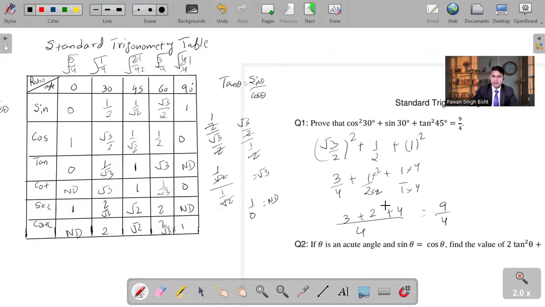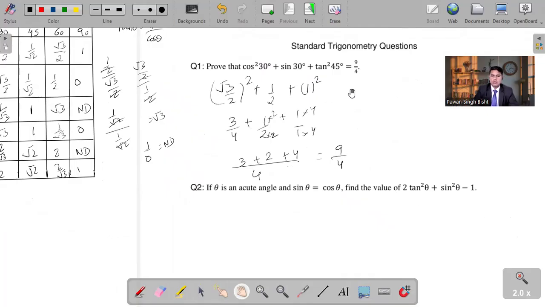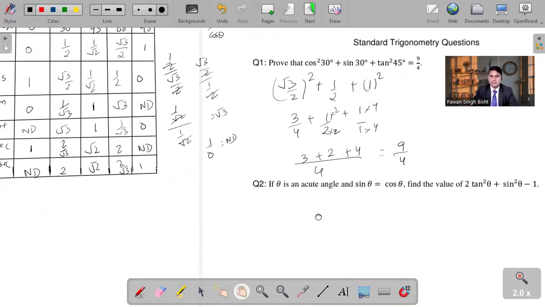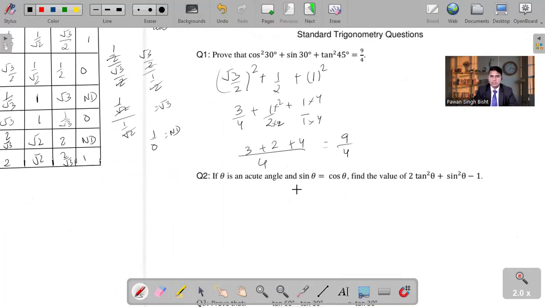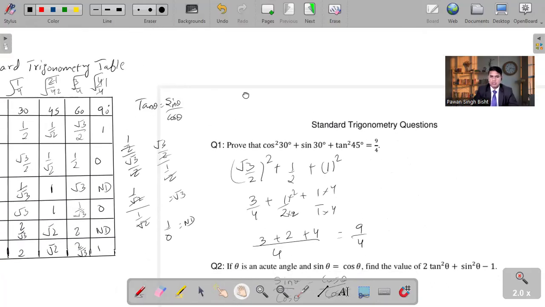Next, if theta is an acute angle and sine theta equals cos theta, find the value of the given expression. Sine theta equals cos theta. So we divide both sides by cos theta. The cos theta gets cancelled and we get sine theta upon cos theta equals 1. Earlier I told you that tan theta is sine theta upon cos theta.